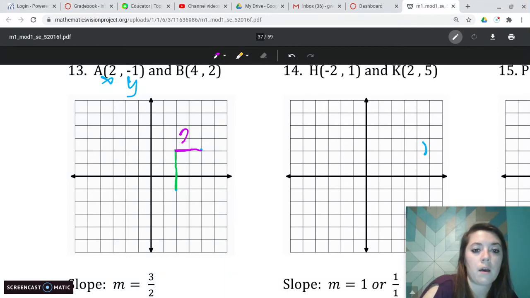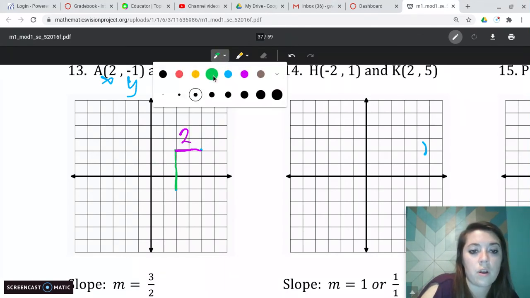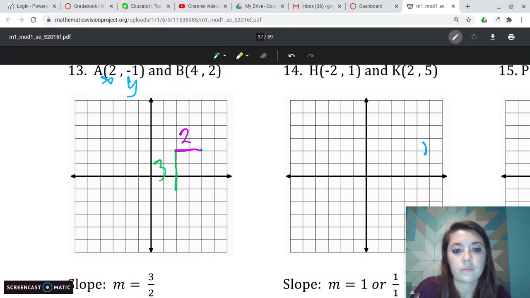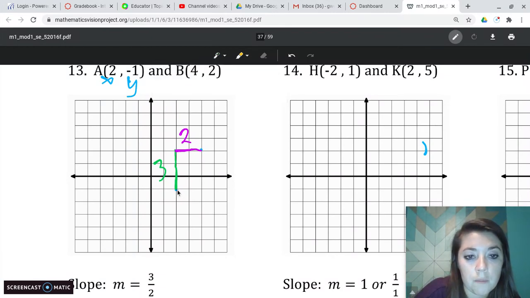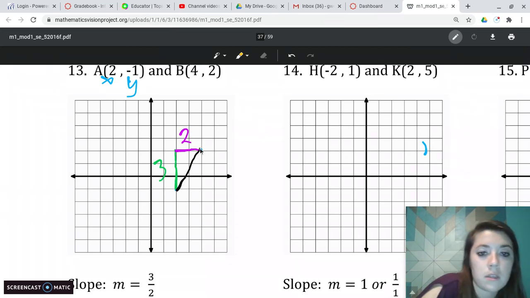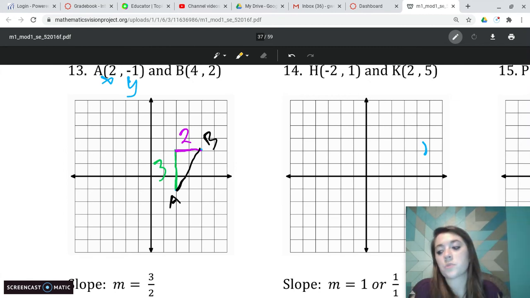So we have our slope drawn out. So that's what the slope of this line would be. I'm going to attempt to draw this line. I make no promises. My abilities, and that is point B, point A.